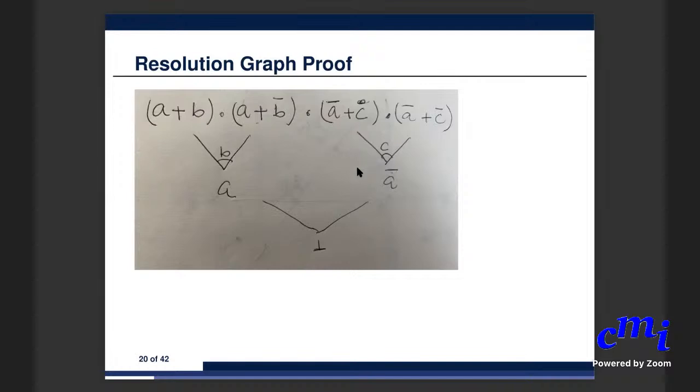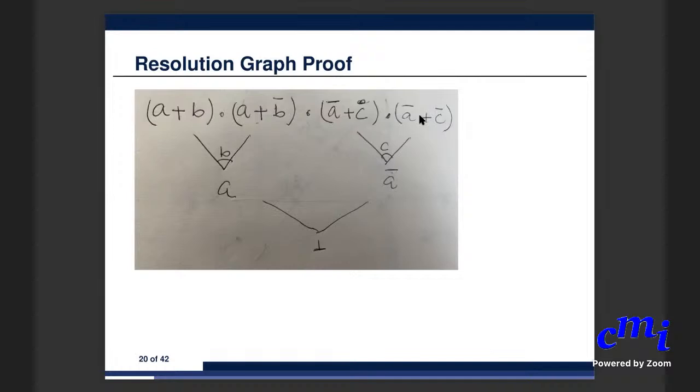I want to make an observation. If you were using the naive method, where you would construct the truth table, then in this case, since there are three variables, you have to check 2 to the n, 8 such assignments.